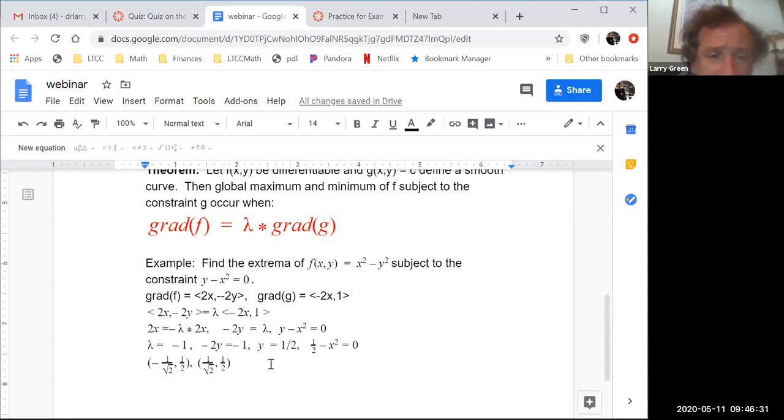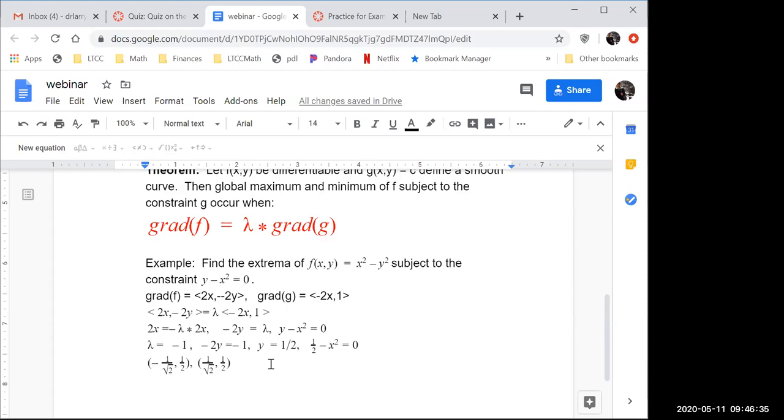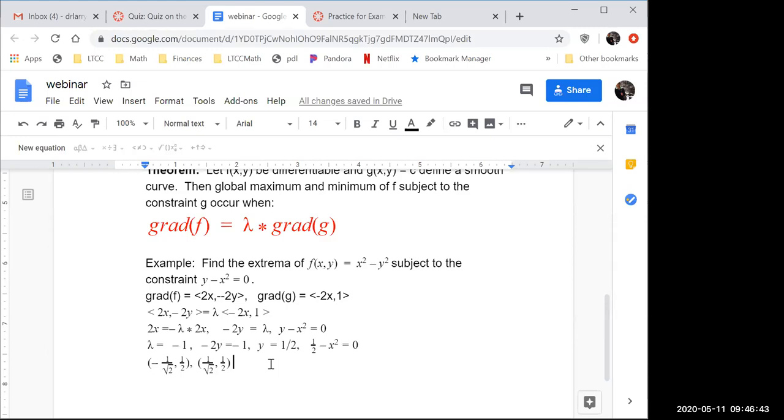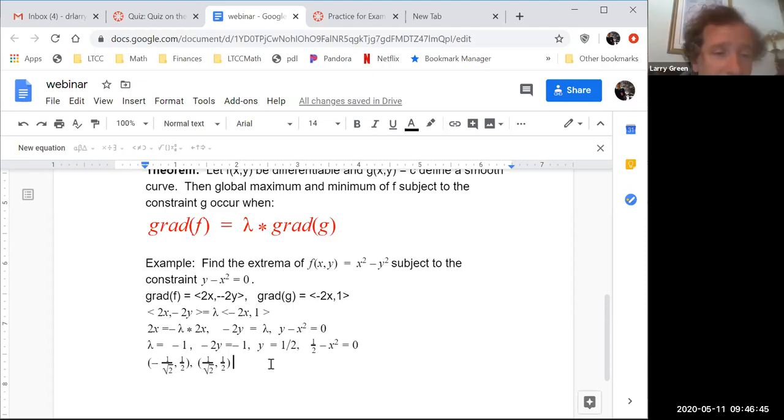If we plug into the constraint, it will just say true, because that's how we used the constraint to get this. So it better be true. So we plug it into our f of xy. And it turns out if you plug it into the f of xy, what do you notice about the two points?